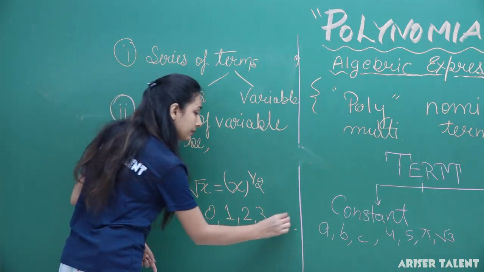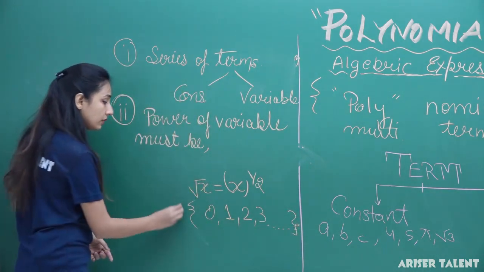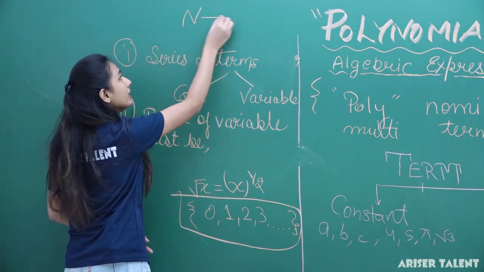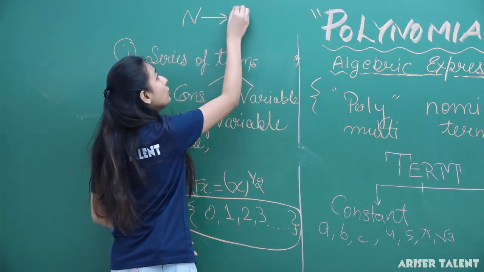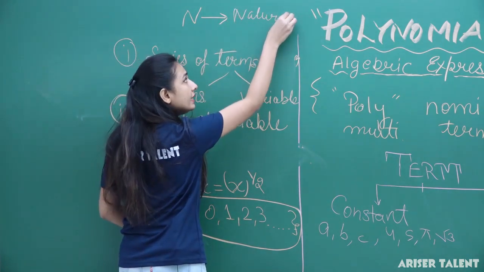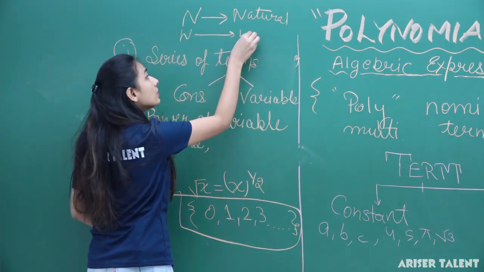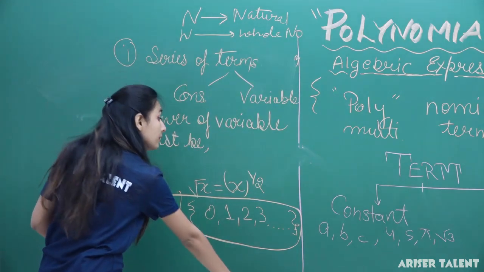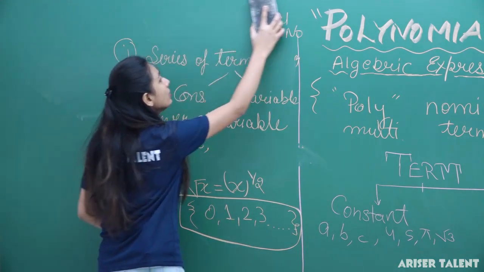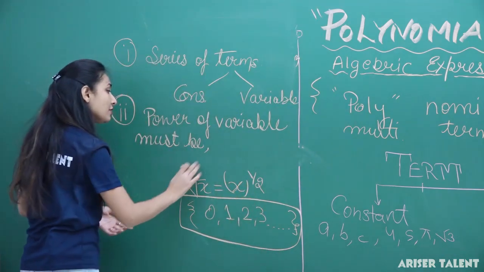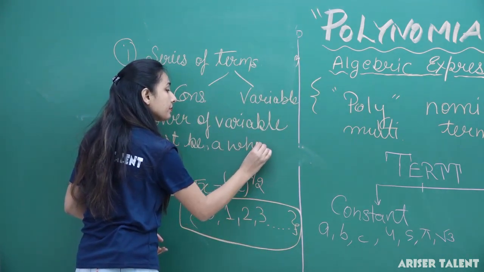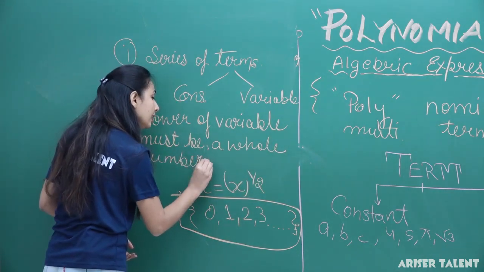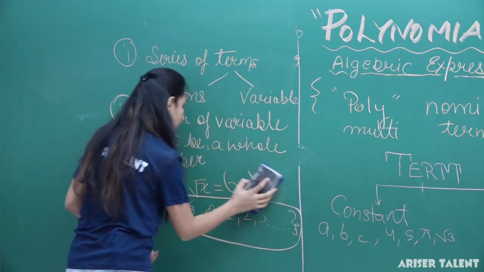Now this is a set of what? You have covered the number system and natural numbers, and this is the set of whole numbers, so no need to remind you. That means the power of a variable must be a whole number.